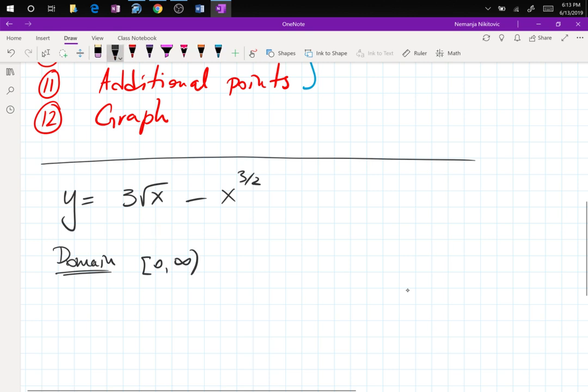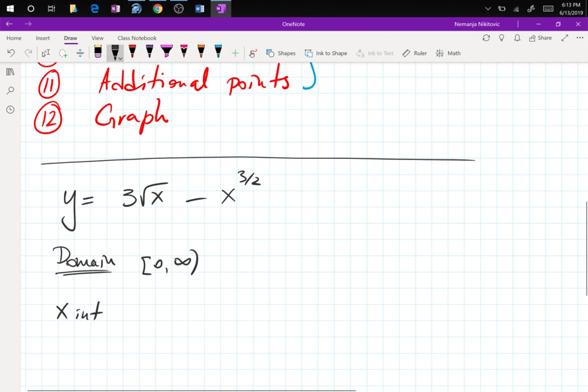And this, you have an over 2, so this is technically square root of x cubed. So it would have the same domain, right? Because you still have square root of x. So domain is 0 included to positive infinity.